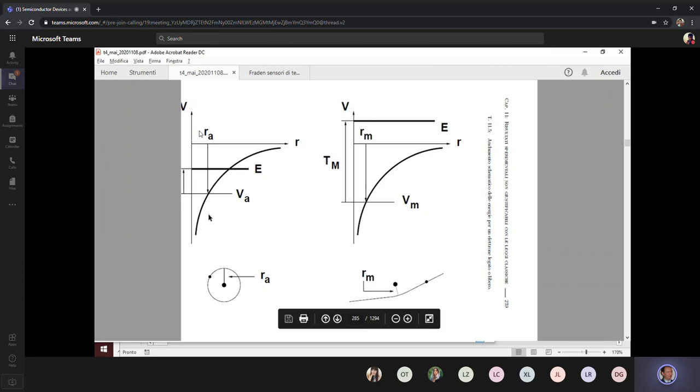So if, for instance, the distance is some constant RA that is indicated here, then the potential energy will be VA, corresponding to this point, and the distance from the potential energy to the total energy is, of course, the kinetic energy, that is the length of the segment or the arrow that is here on the left. Okay.